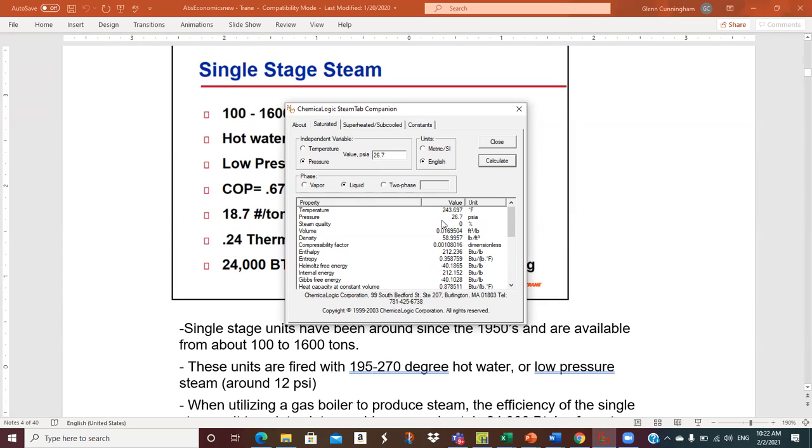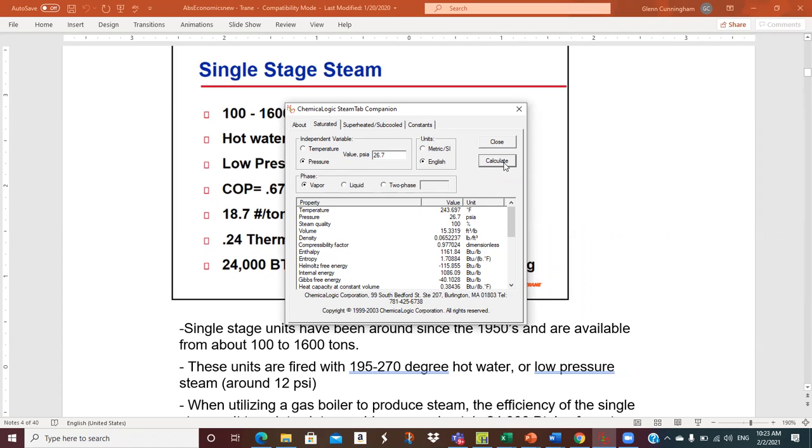And we can notice the enthalpy, because the heat that gets transferred from the steam is the heat of condensation. That's how they're going to size this thing. They're going to put in saturated steam. So if we look at the vapor, enthalpy is 1161.84.